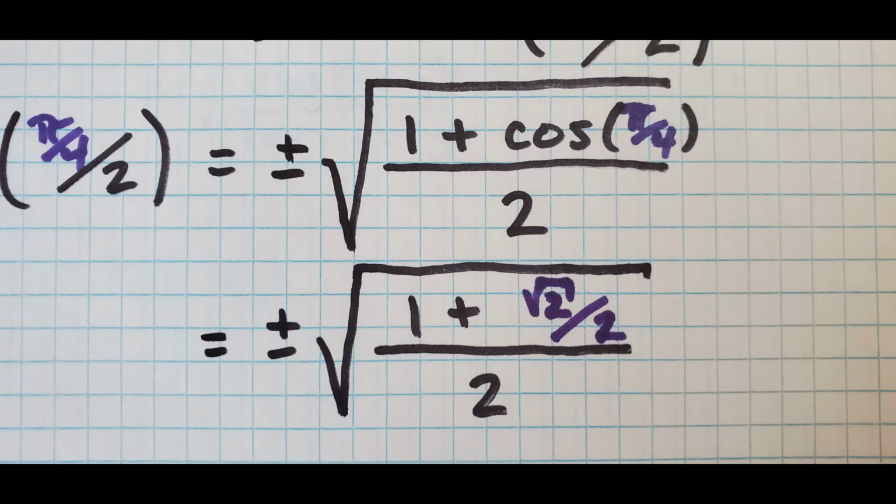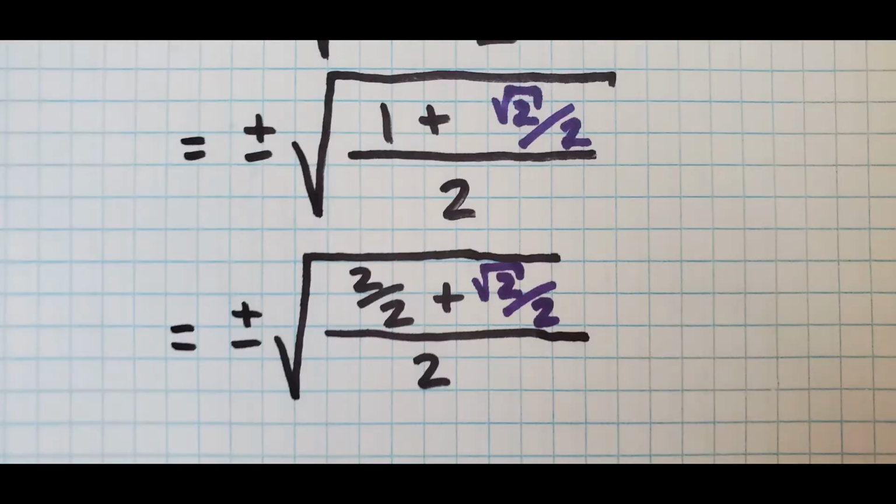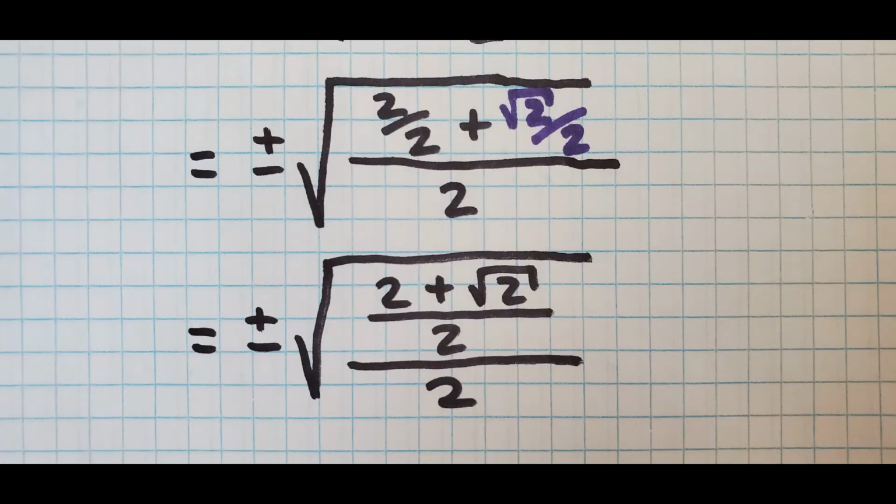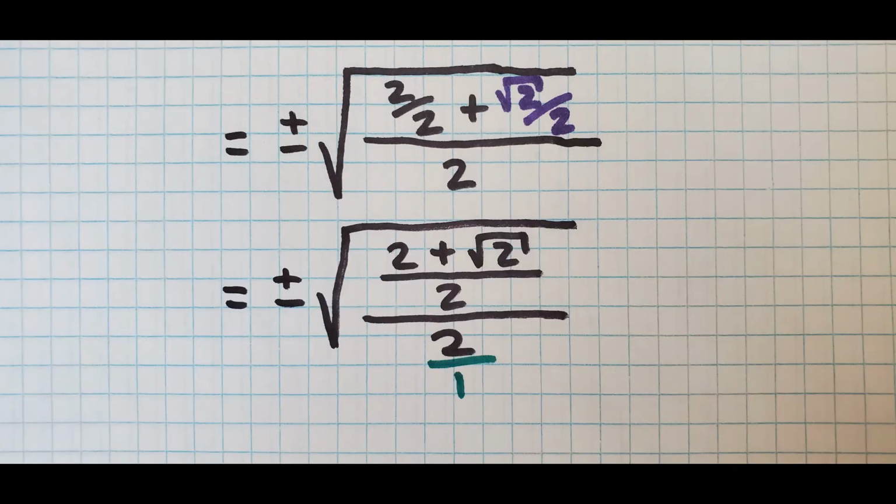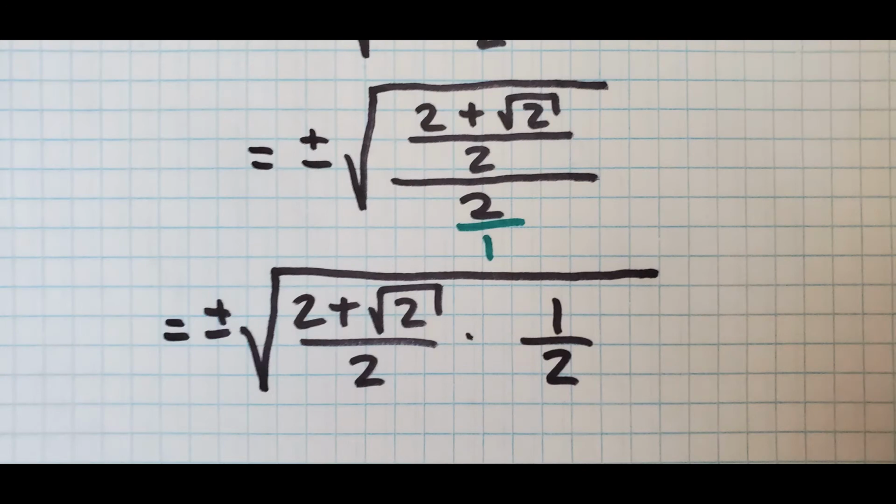Up top, we have that 1 plus that fraction, so we have to make that fraction match. So we turn 1 into a fraction, which I use 2 over 2. Add the tops, keep the bottom the same, so we get this. Now I have a fraction divided by 2, so I'm going to turn that 2 into a fraction, so we get fraction divided by fraction, which is always what we want. Then we do keep, change, flip, and all this is still under that radical sign.